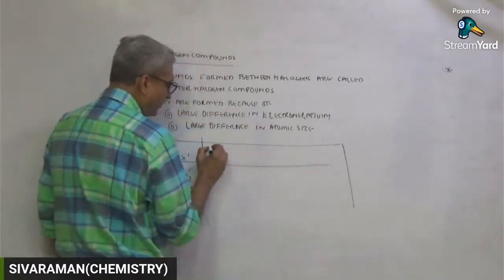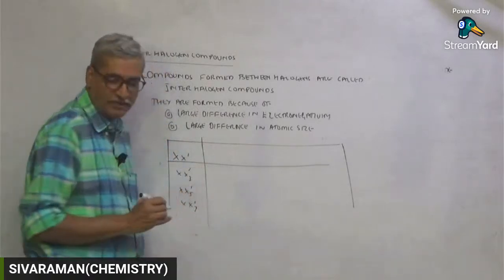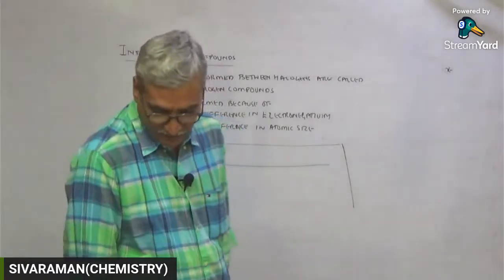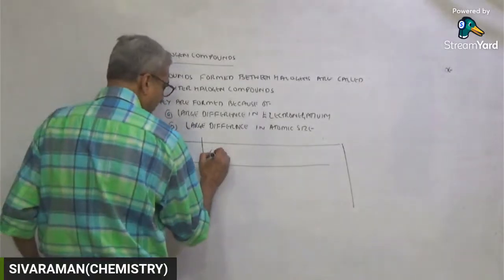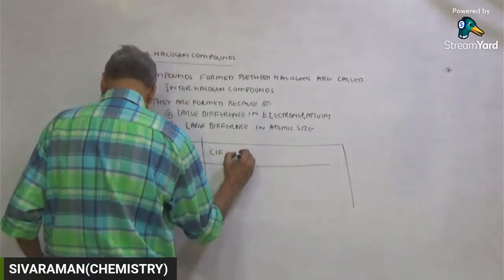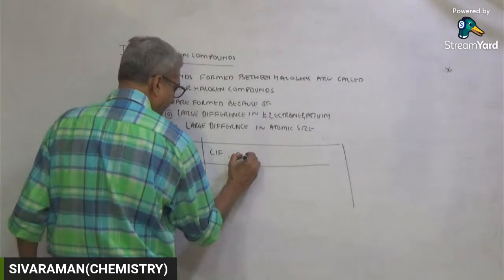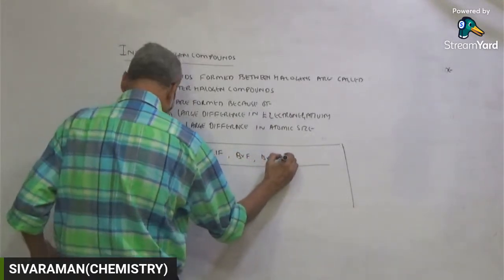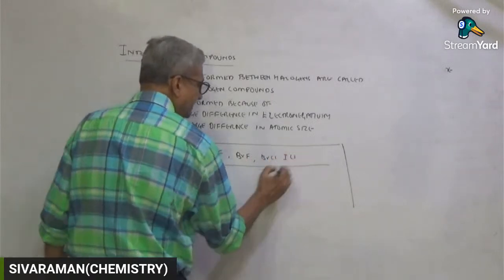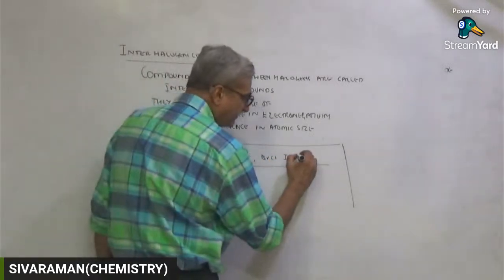So when you talk of fluorine monochloride, let's talk like this. With XX' type, you will have ClF, you will have BrF, BrCl, and you have ICl. Iodine monochloride is a very important use.